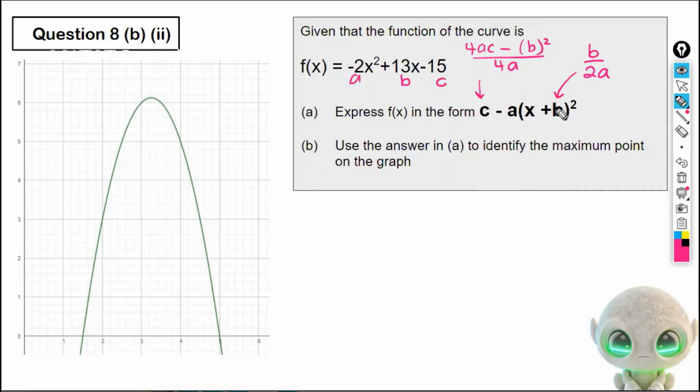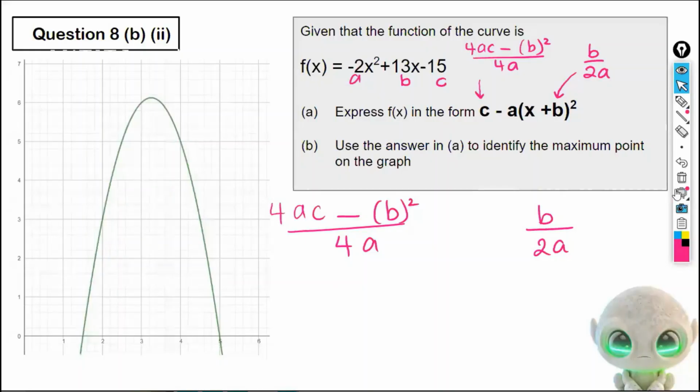Please calculate what goes in the space of B and what goes in the space of C using the shortcut formulas. So we're going to substitute the A, the B, and the C. Well, 4AC is how much? -2, and C is -15.